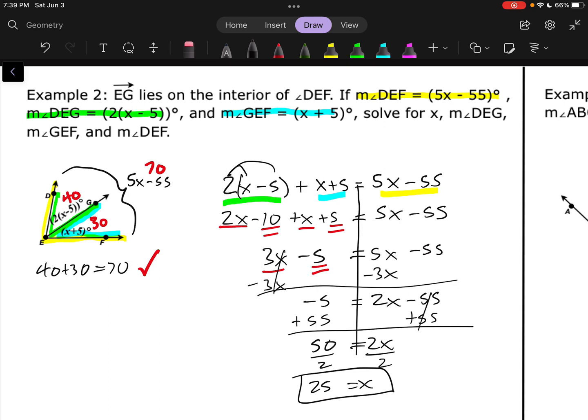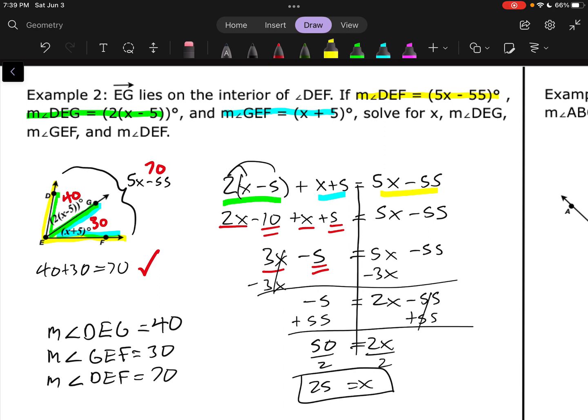So now we just got to write down our answers here. The measure of angle DEG, that was the green angle, is 40. The measure of angle GEF is 30. And the measure of angle DEF is 70.